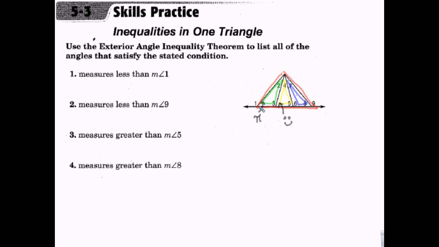Okay, so we look at the red first, and I want to go to the other 2 corners of the red. We've got this angle that makes up this corner, and it's all 3 of those, so I'm going to put 2 plus 4 plus 7 because it's that whole thing. And then on this corner we have this angle, which is 8.